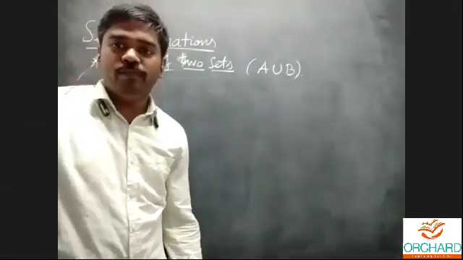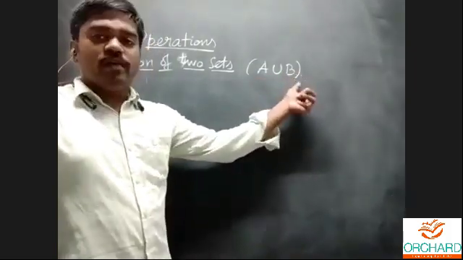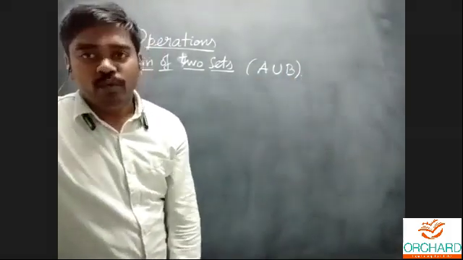A union B. The union of two sets is denoted by A union B.